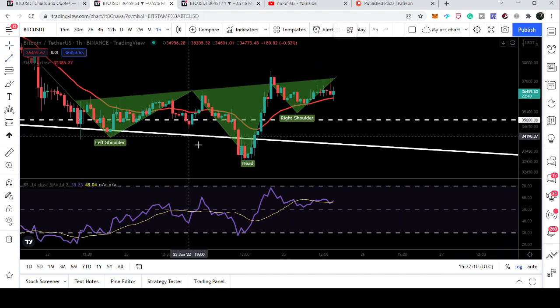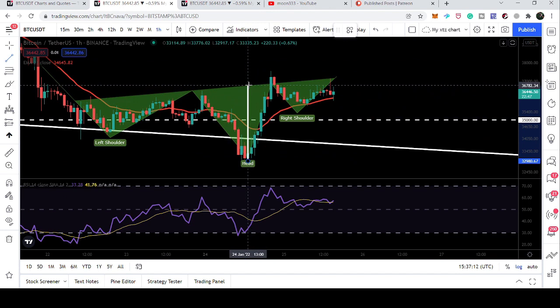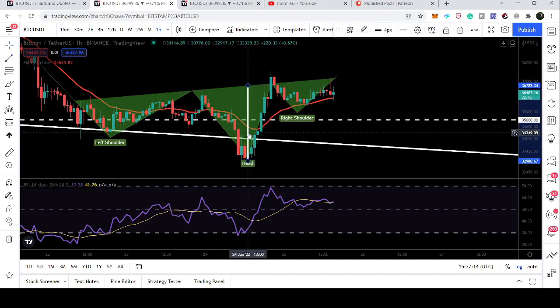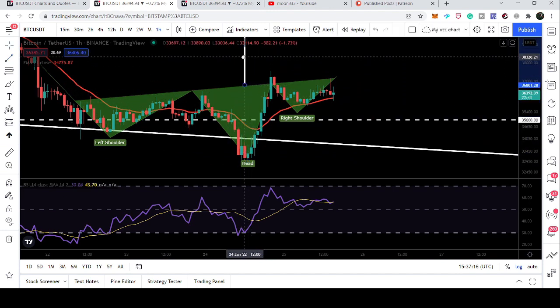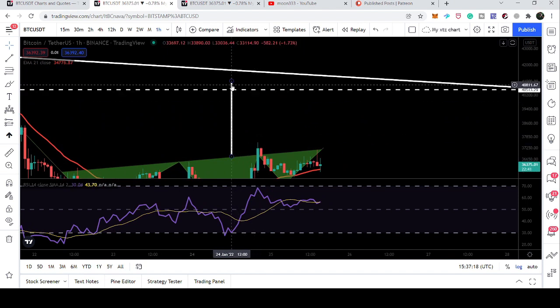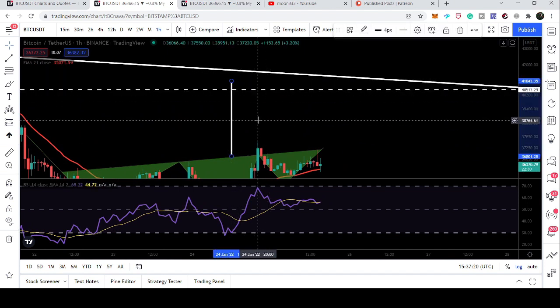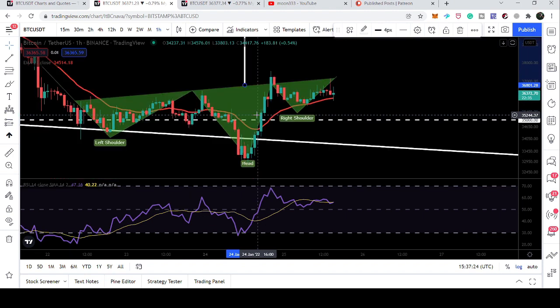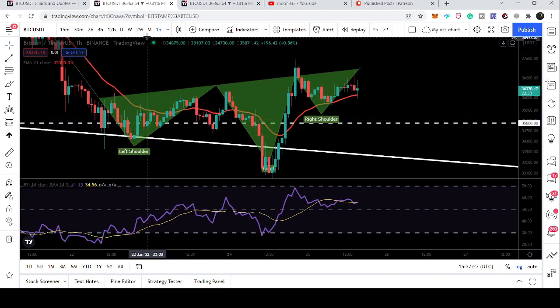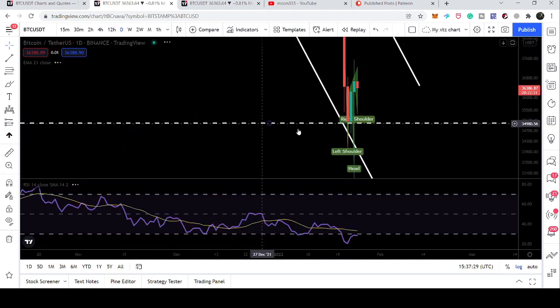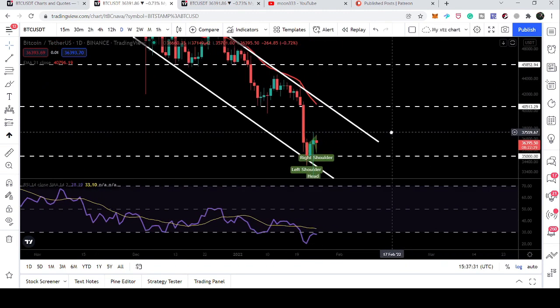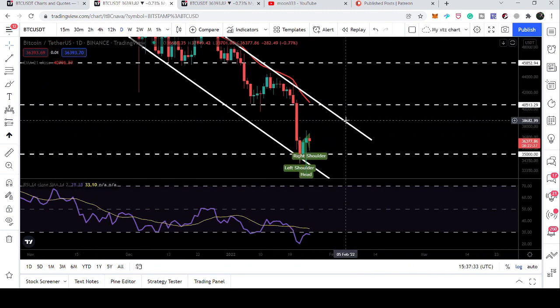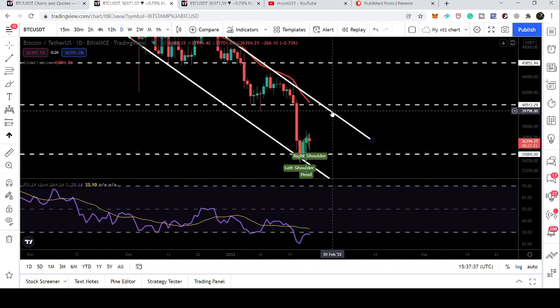Now if we take a look at the target for this head and shoulder pattern, then in case of breakout, if I place this trend line here, our next target can be approximately here at $40,500, and if we switch back to the daily time frame from here, then I was just having an estimation that if the price line will move in this way, then it can reach $39,600 in this way.